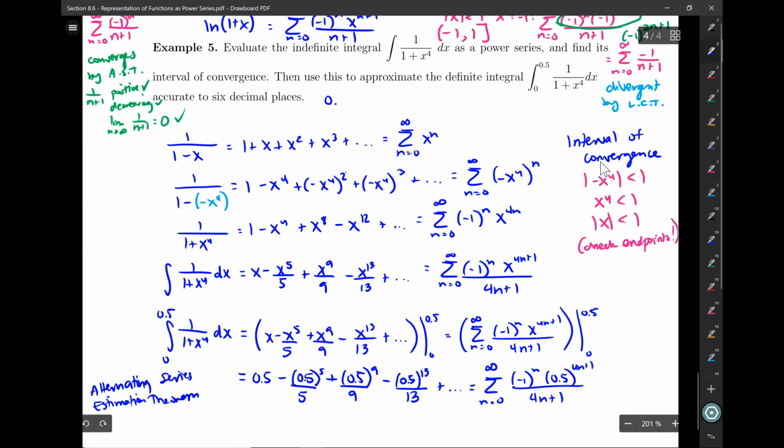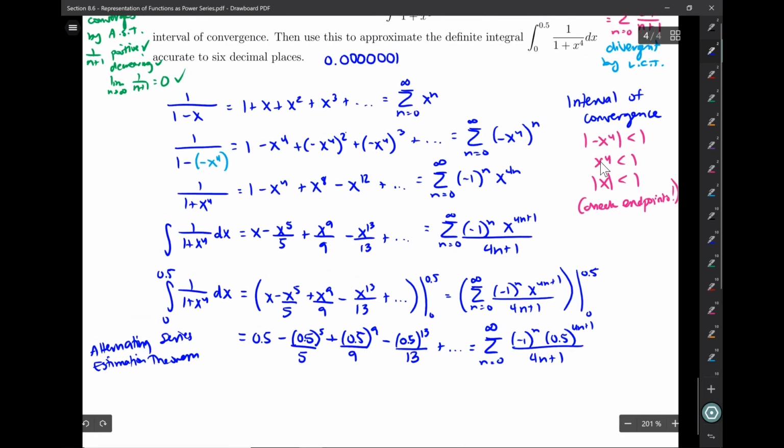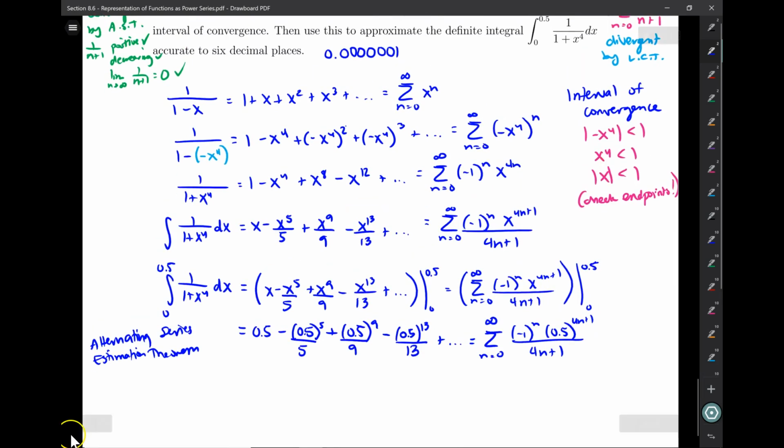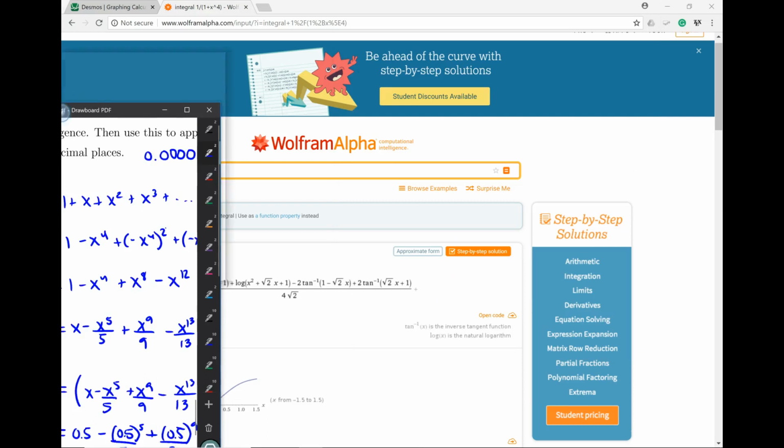So if we're looking for an accuracy of up to 6 decimal places, that would be 0.0000001. Now I know that I've written 6 zeros here. If I just went out to 1 here, then this would be accurate to 5 decimal places. I need an extra 0 there. There we go. Okay, so I'm going to need to use Desmos for this to help us do some number crunching.